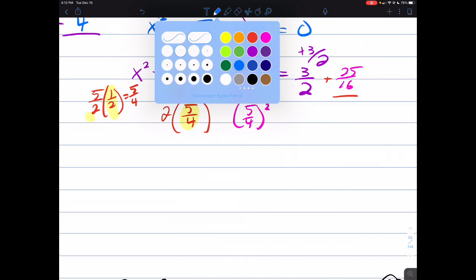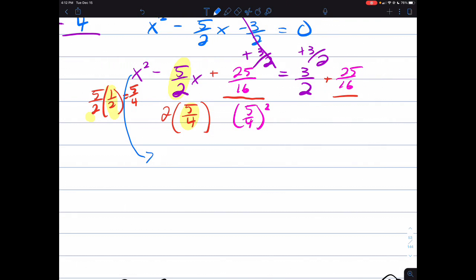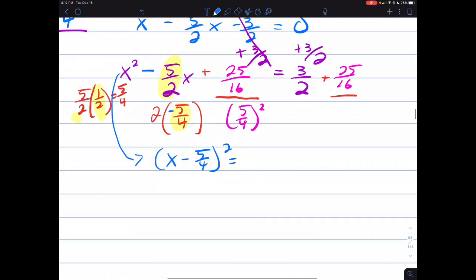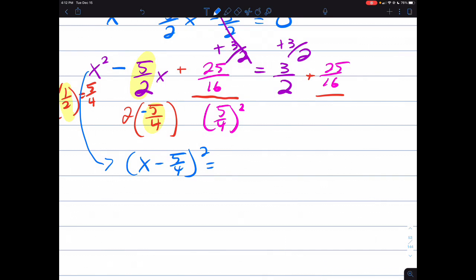Now we need to factor it, and we're going to get x, and actually that should be negative, right, because it was minus. Minus 5 fourths squared, and now we need to combine these guys over here. I got 16, so I need to multiply by 8 to get common denominators, so that's going to be 24 over 16 plus 25 over 16, so that's going to be 49 over 16.